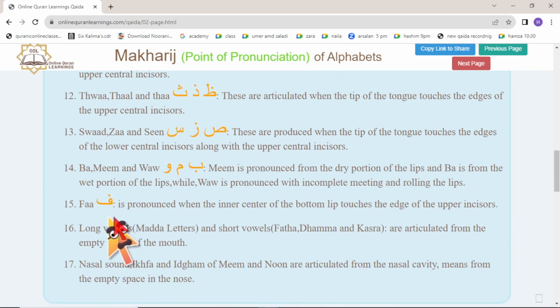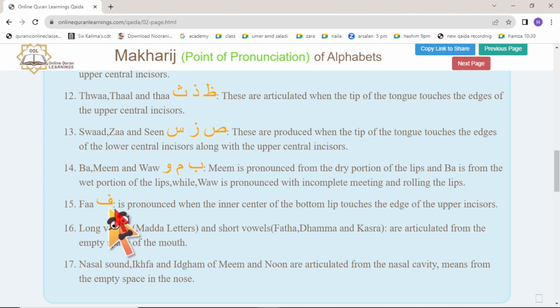After that, the letter fa. So the method for pronouncing fa is when the inner edge of the bottom lip touches the edge of the upper incisors. So repeat after me. Fa.